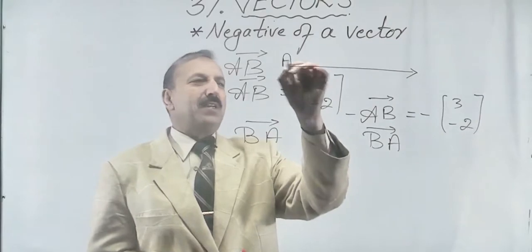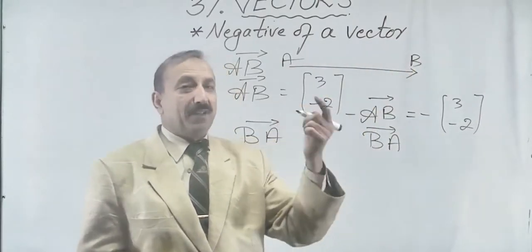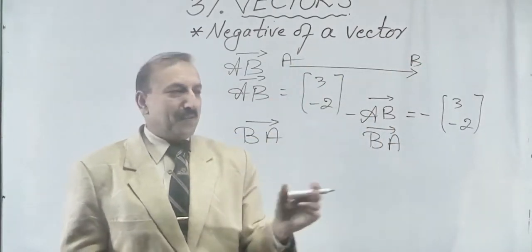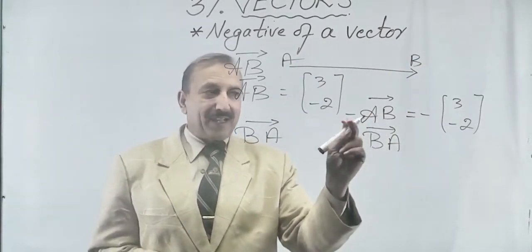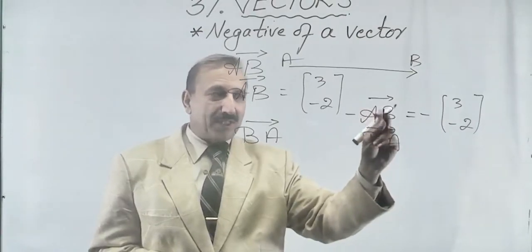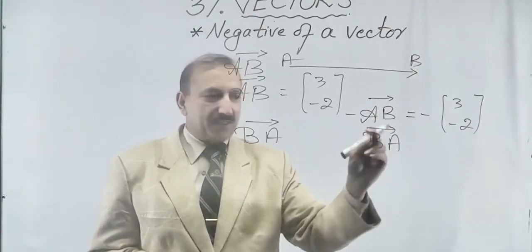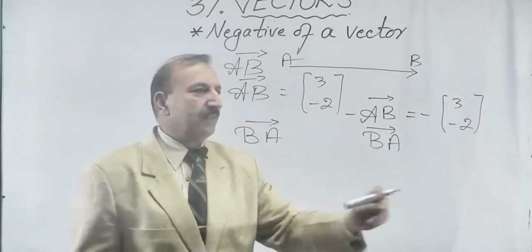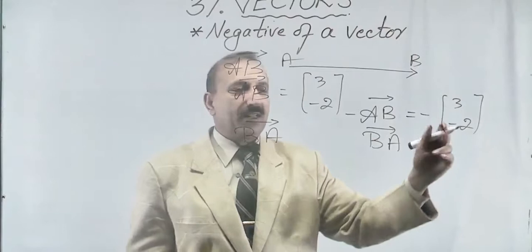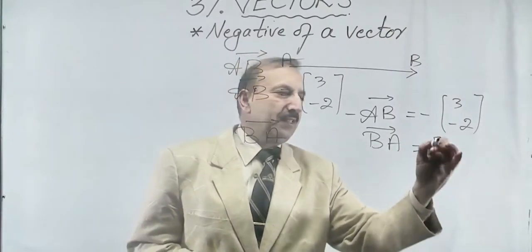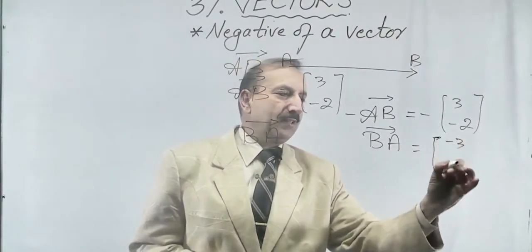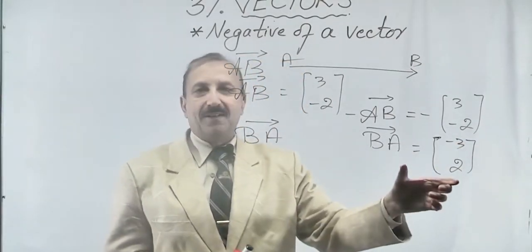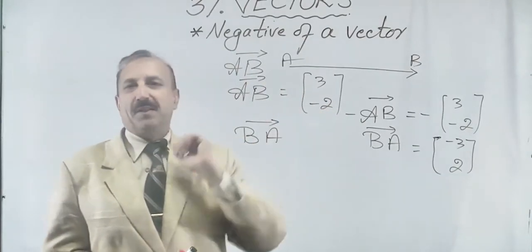If this vector is from A to B, when its direction is opposite, then the vector starts from B to A. So this negative changes their places, and now the vector is moving from B to A. We multiply this negative inside the vector, and we get minus 3 and plus 2, that is (-3, 2).